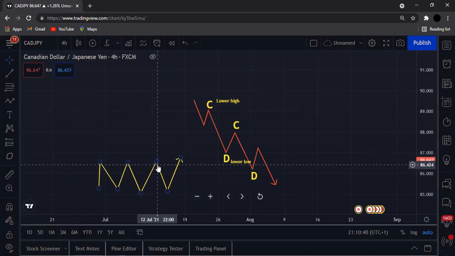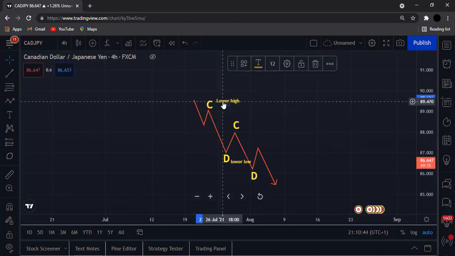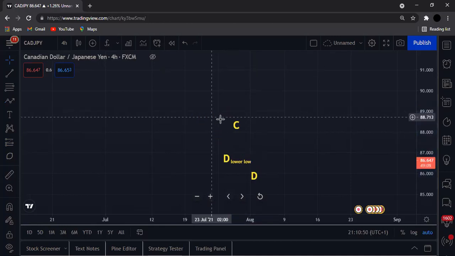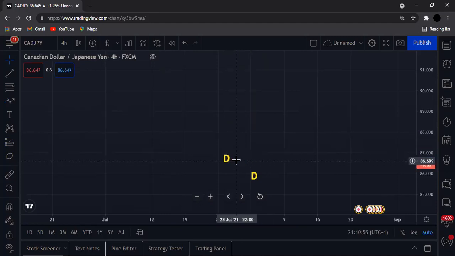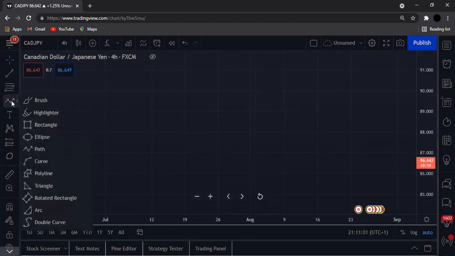For the choppy trend, you said it was highs and lows, right? Yeah, no higher highs. For the choppy trend, it's a series of highs and lows, but they might not always be on equal levels. Let me show you something. Let's say you have something like this.